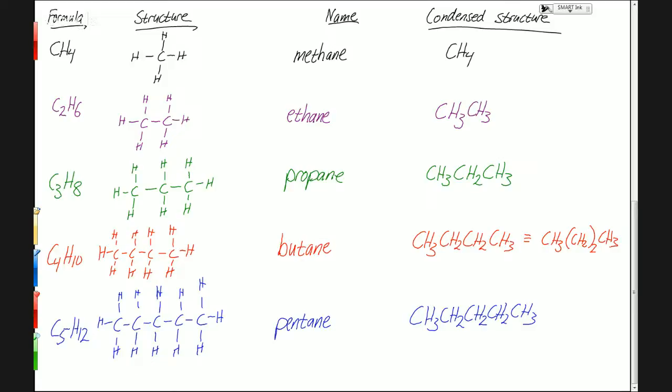Those two repeating CH2s, I put them together with parentheses and a little 2 underneath them. So when you get really, really long chains, that can be helpful. Another way we can write this is CH3, and then 3 CH2s, and then CH3.